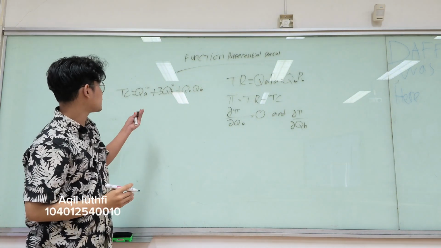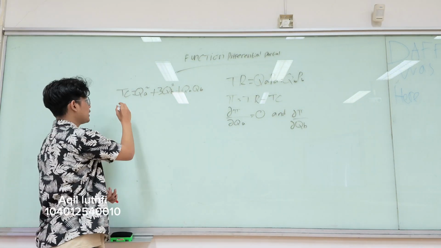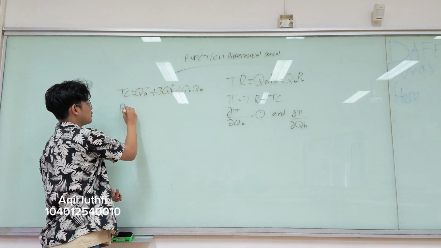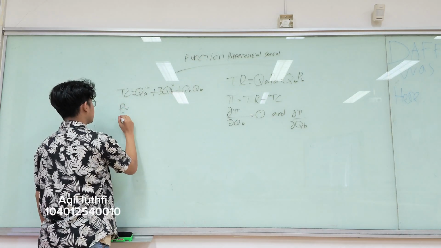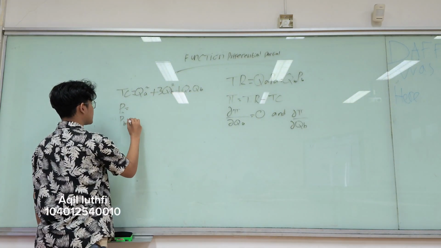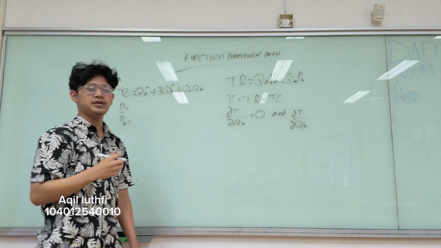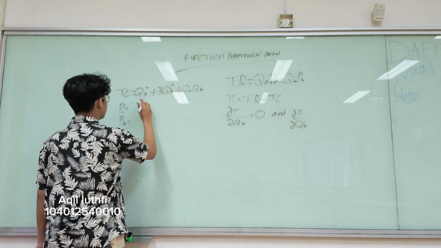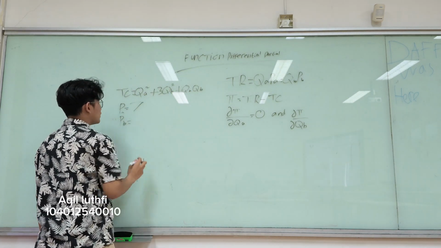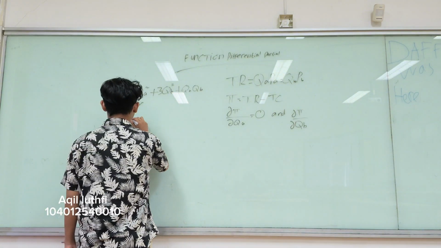And there is TC and there is a price. P is a price and there are two products. So we use PA and PB. PA is 7. PB is 20.